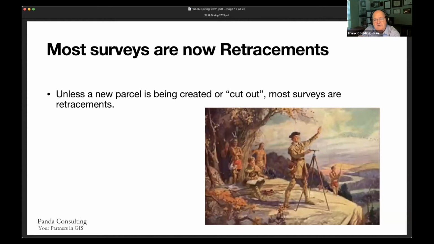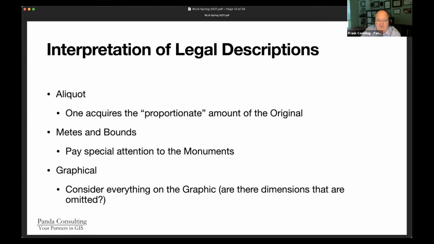You're not supposed to attempt to create overages and shortages, and the bearings and distances, which is called out on a legal description, are really nothing more than guides to get you in the general direction. All right, legal descriptions.